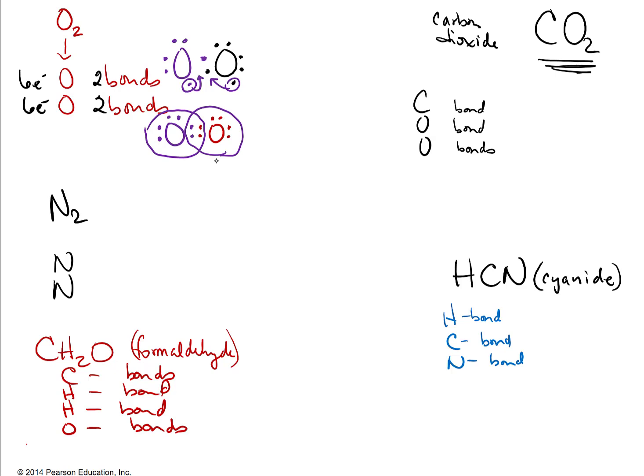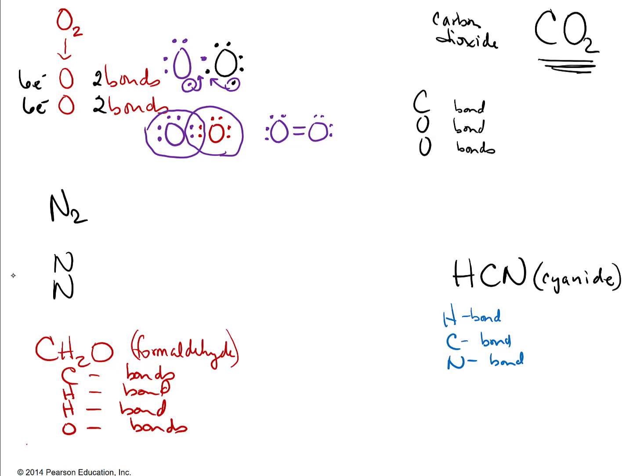That's a double bond. So you will see this drawn with 2 dashes. Remember, every dash represents a pair of electrons. But you have to share 2 in order to create that stability. So do nitrogen.